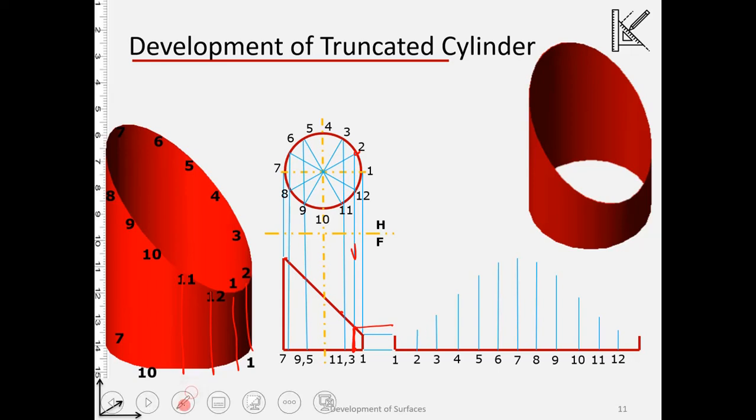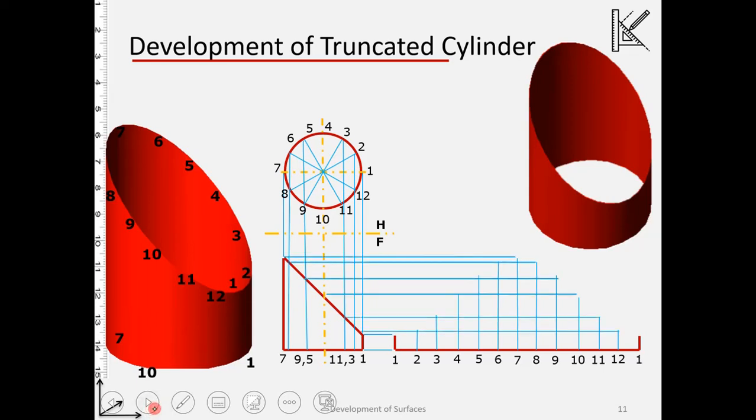So let us do it. If I proceed with this, these are the projectors now from their corresponding points, and wherever they are intersecting, these are the corresponding points representing this. Okay, so the next job is very easy. I can join these, and this becomes now my developed surface for the truncated cylinder.